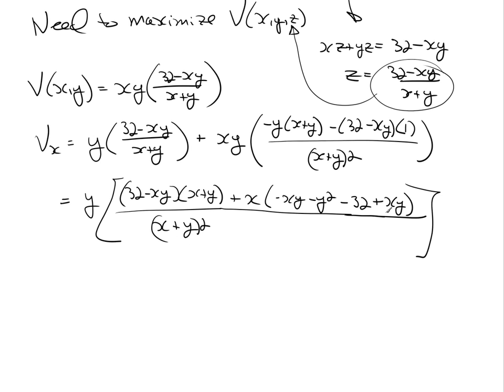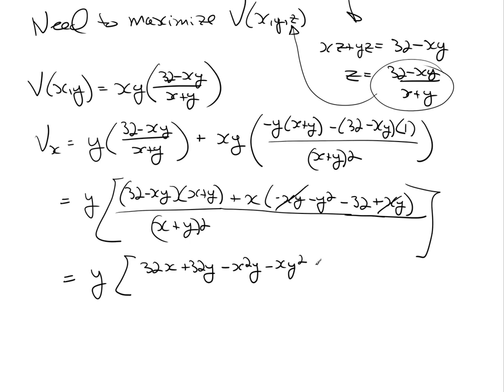So let me see here, my xy's are going to go away, and let's see what's left. I got y times, let's distribute this, 32x plus 32y minus x squared y minus xy squared.